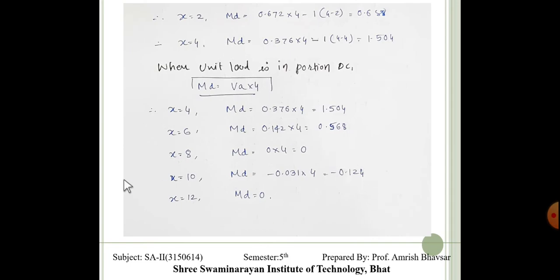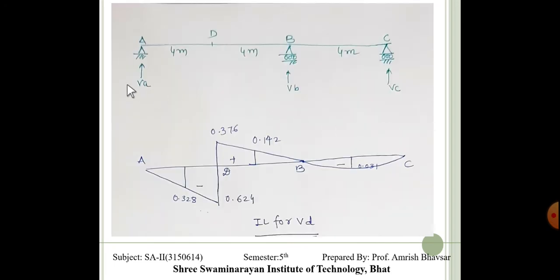Now we have all the points and all the values, so we can plot the influence line diagram for the shear. So what is happening over here? At 2 it is 0.328 minus, at 4 it is 0.624 minus, at D it is plus, at somewhere here it is 0.142, it is 0, it is minus, and here it is 0.